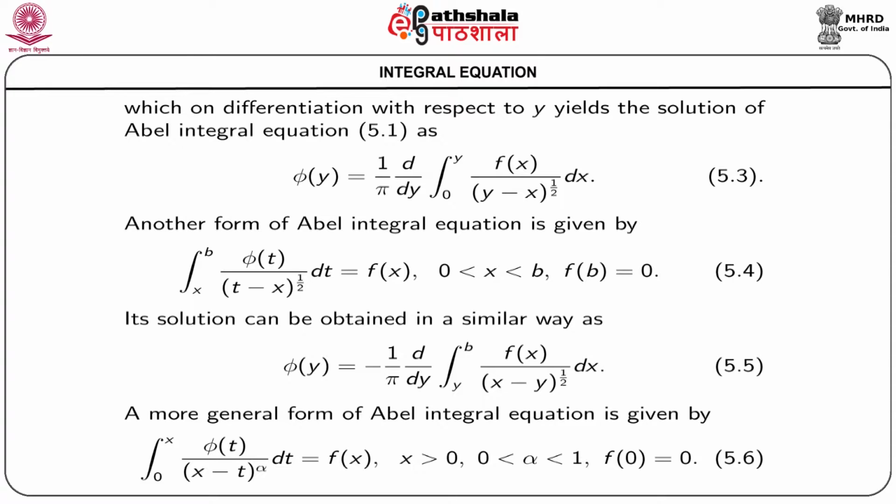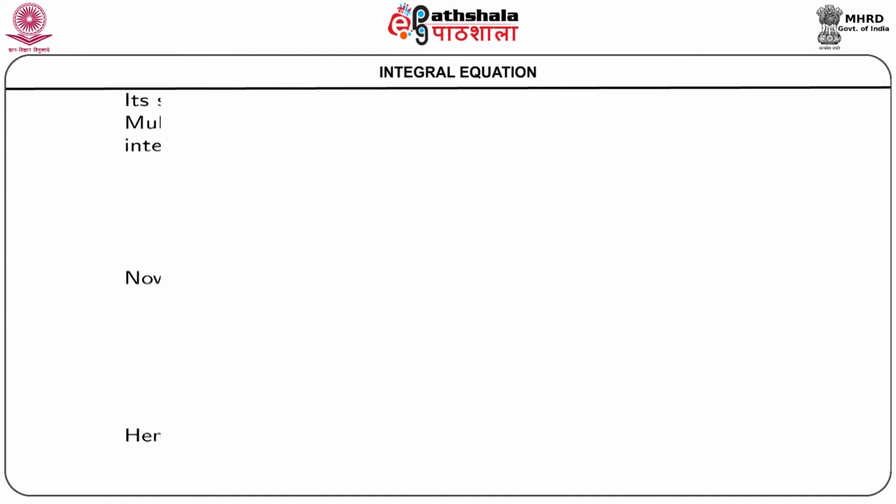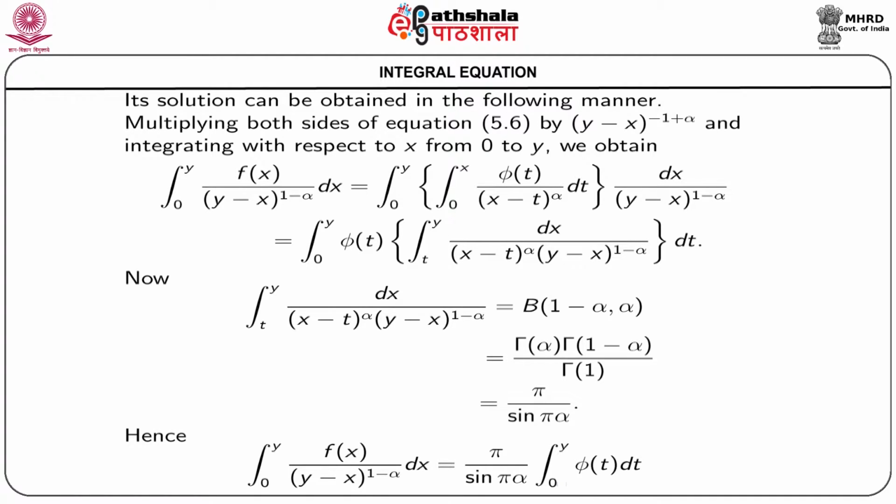We shall now solve this generalized form of Abel integral equation by the method based on elementary integration. For this, we multiply both sides of this equation, that is equation 5.6, by the function y minus x to the power alpha minus 1 and integrate with respect to x from 0 to y.